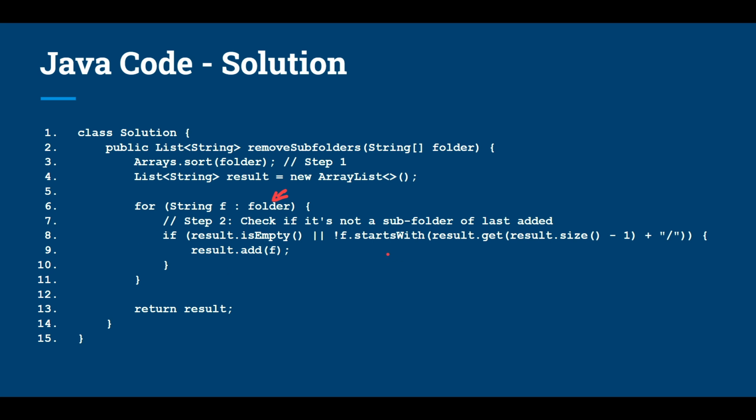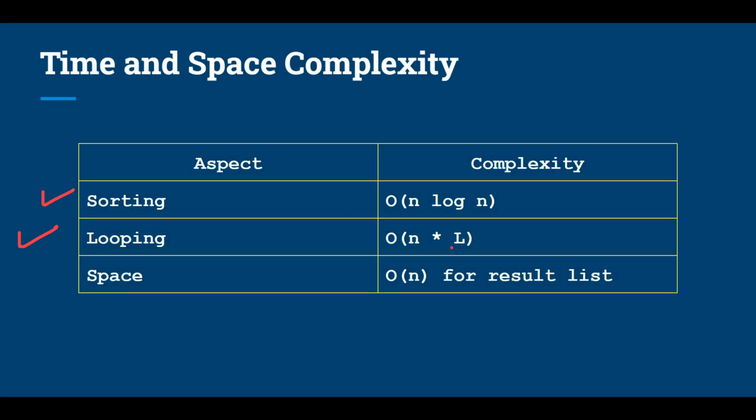For each one we use startsWith, and let's suppose there are multiple lengths we keep checking. So the operation is n into l, and that will be exactly the complexity.